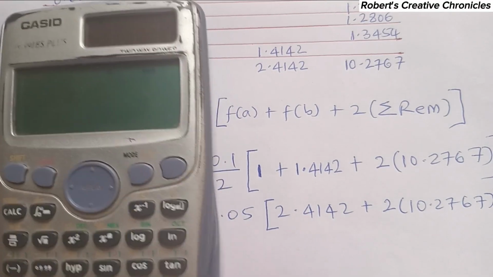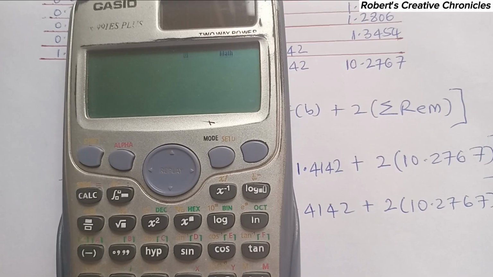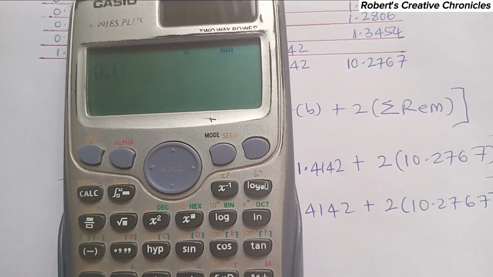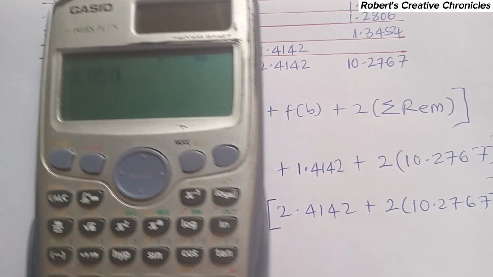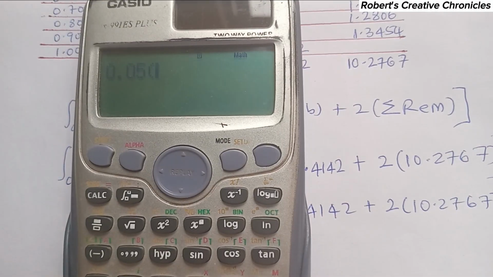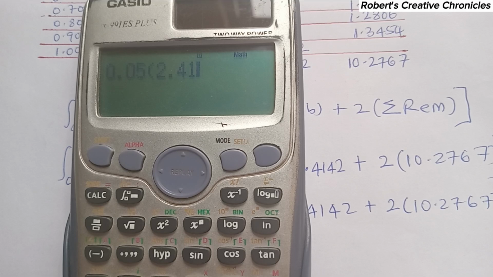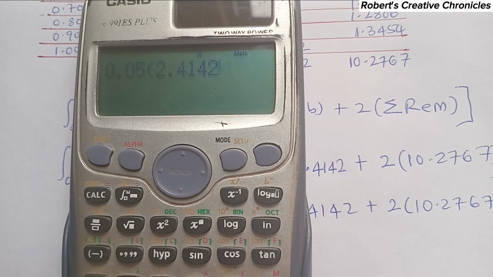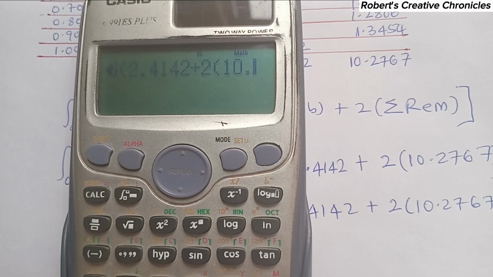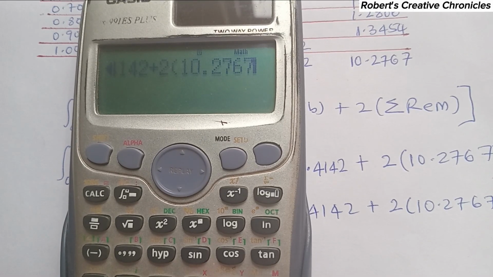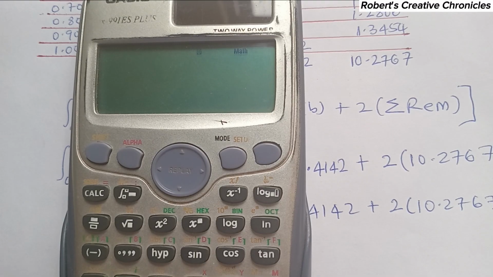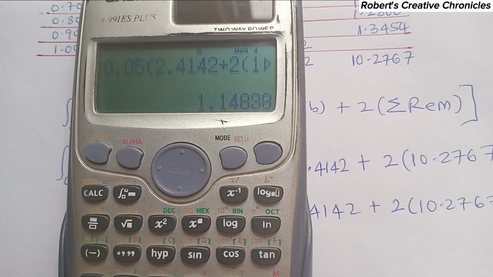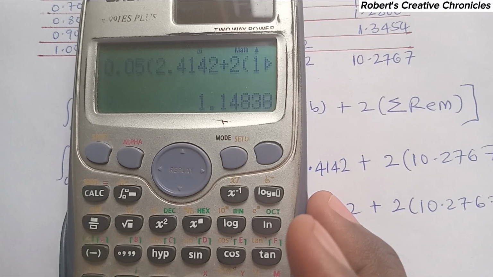So it will be 0.05 open bracket 2.4142 plus 2 times 10.2767 close bracket. So it's 1.14838.